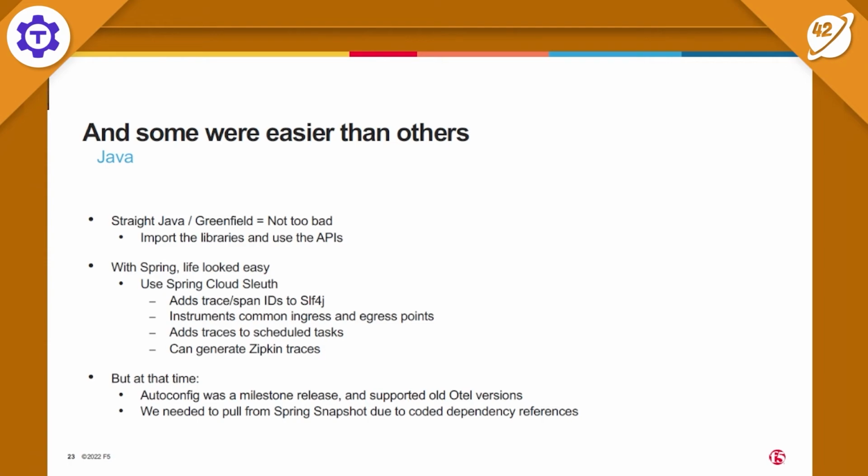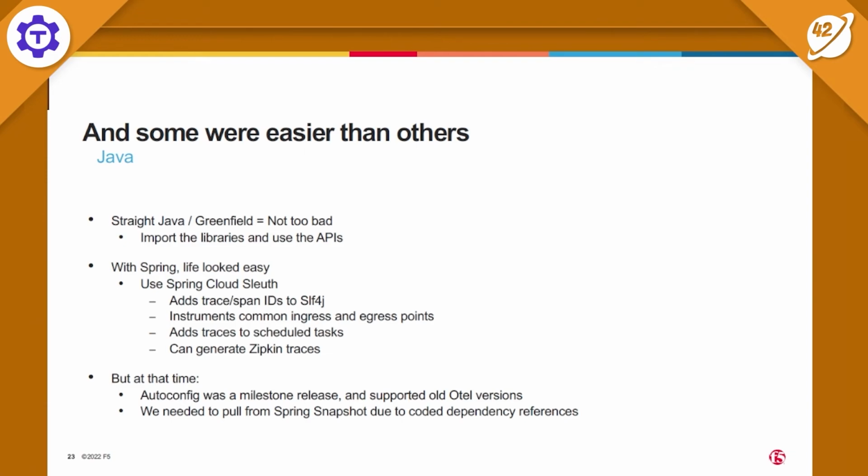First of all, let me point out that simple Java, greenfield Java, wasn't too bad. Pull the libraries in, use the APIs, you're pretty much done. And interestingly enough, when we started looking at this, that was kind of the model. But we were using an existing application, and that existing application made some challenges here. With the Spring framework, it looked pretty easy.